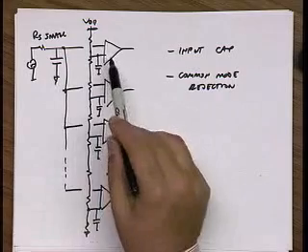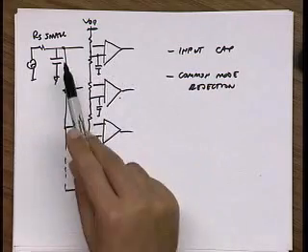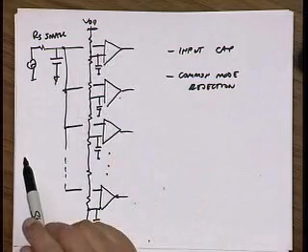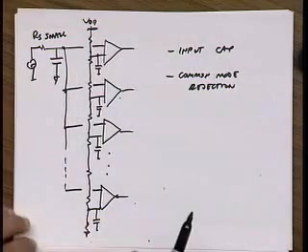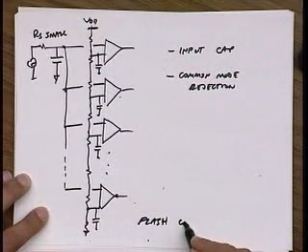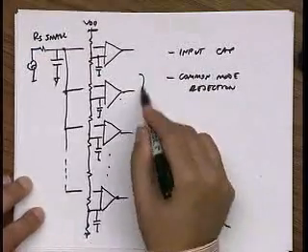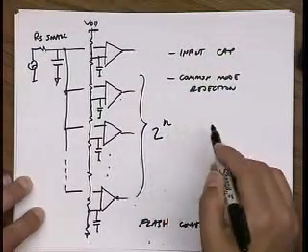And I don't want this to be sensitive to the common mode of the input. I want it to be sensitive to the differential input mode, right? So we want to reject common mode in this circuit. So this is a simple flash converter. And here I have 2 to the n comparisons.